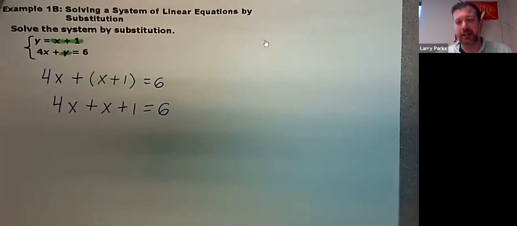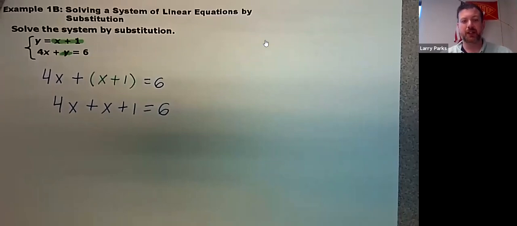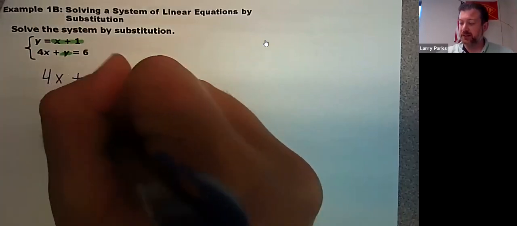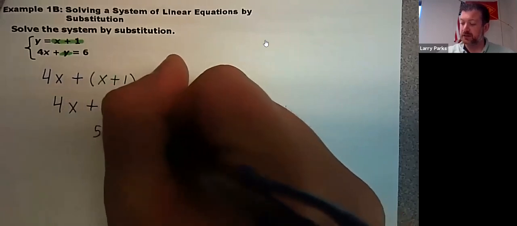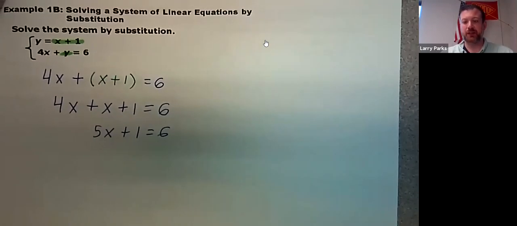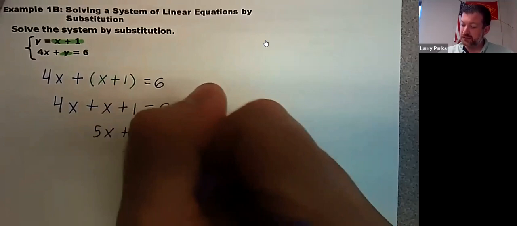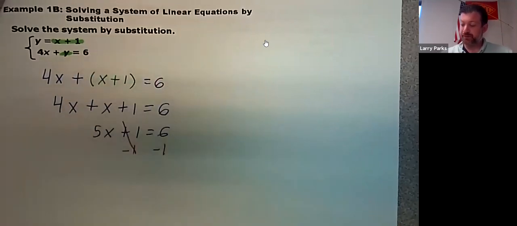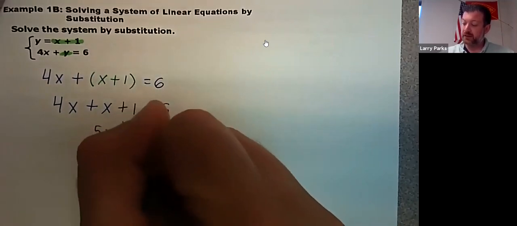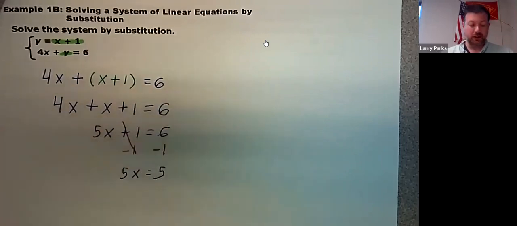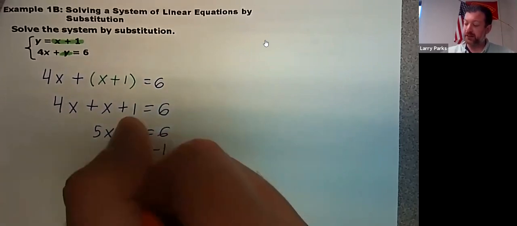And then from there, we're down to algebra 1. So I'm going to move a little faster so we can cover more examples. 4x plus x is 5x. I subtract 1 from both sides. I divide both sides by 5.